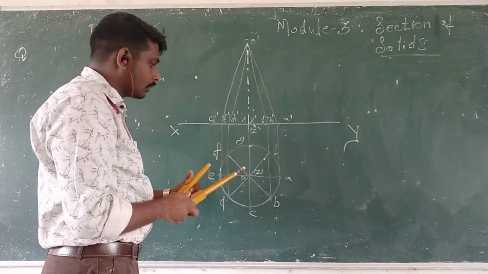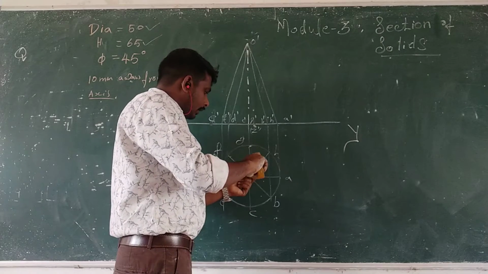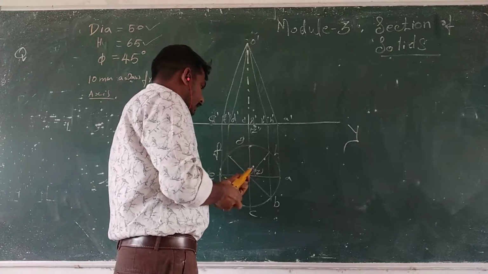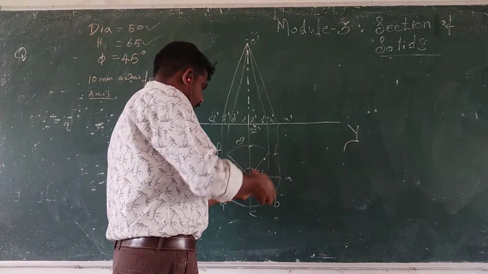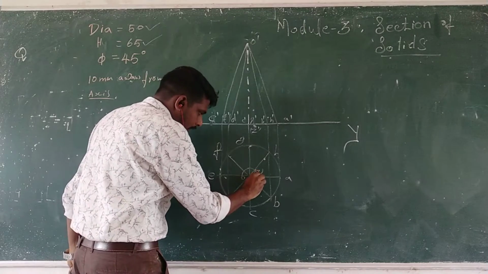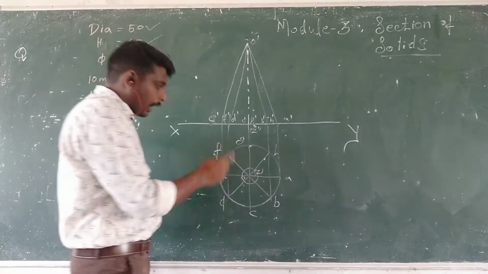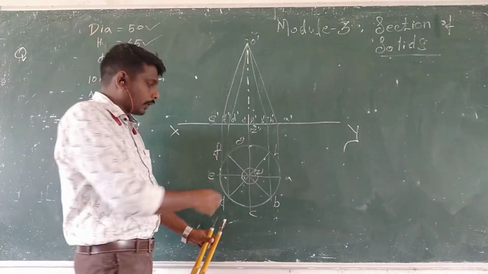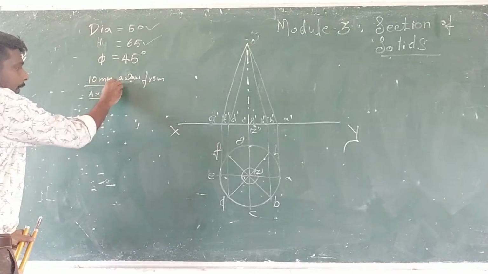So in order to complete the figure, first of all we draw a circle which is 10 mm in radius, because the section plane is passing through 10 mm away from the axis. In order to find the actual point, we draw a circle of radius 10 mm.